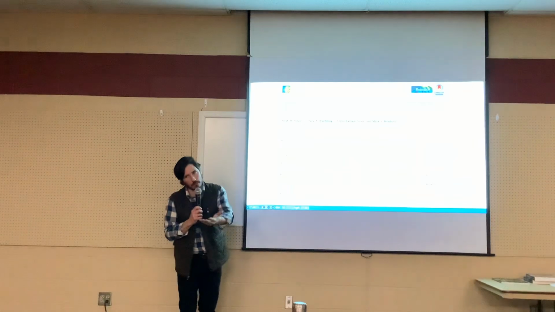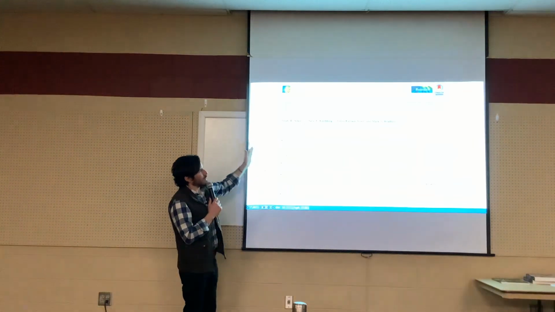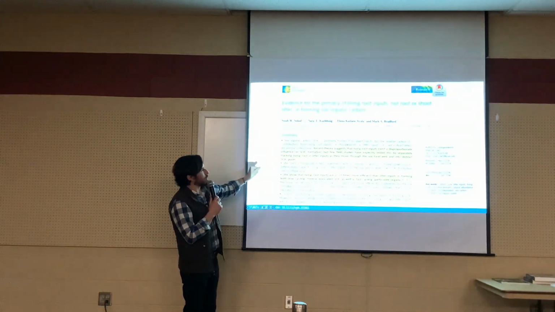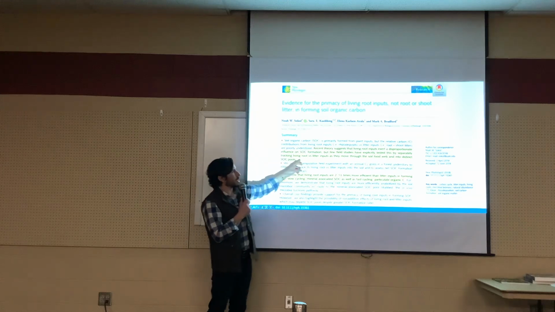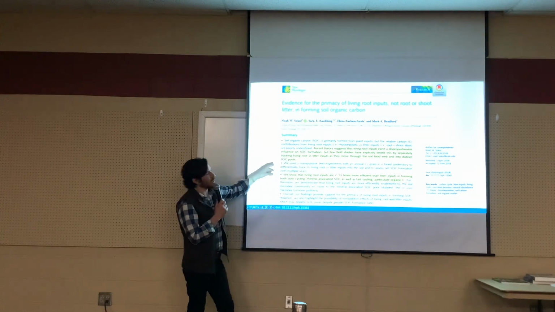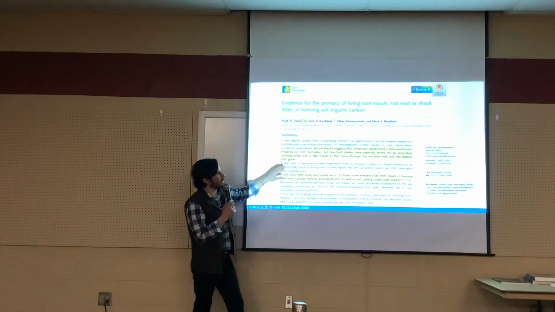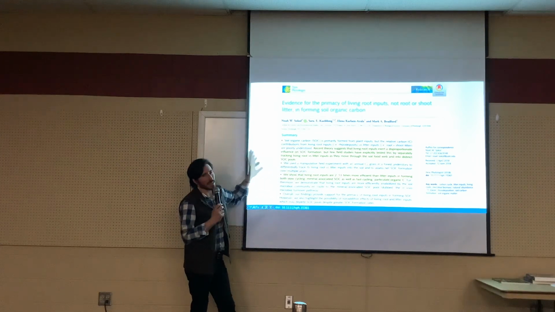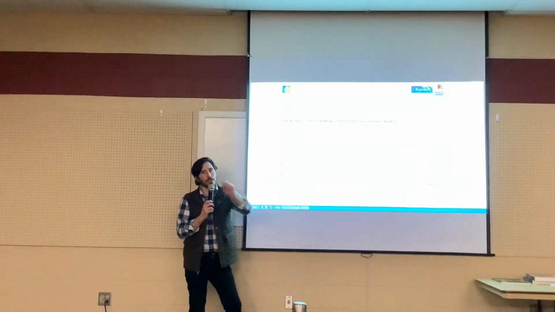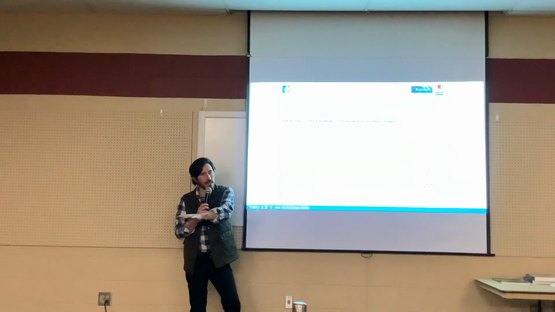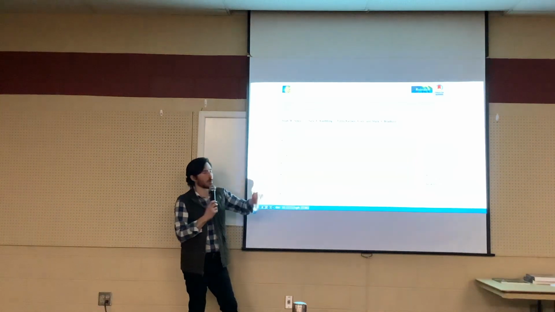Living root inputs means root exudates, not root or shoot litter, in forming soil organic matter. Recent theory suggests that living roots exert a disproportionate influence on soil carbon formation, but few studies have explicitly tested this by separately tracking litter residue integration versus exudate integration into the soil organic carbon pools.